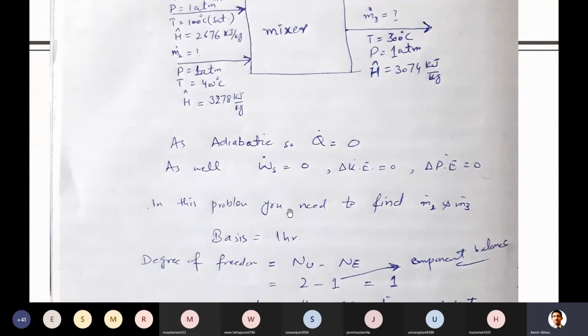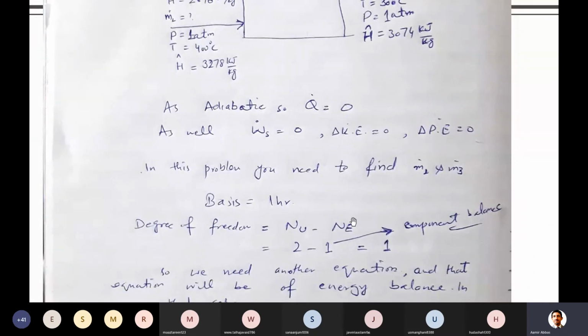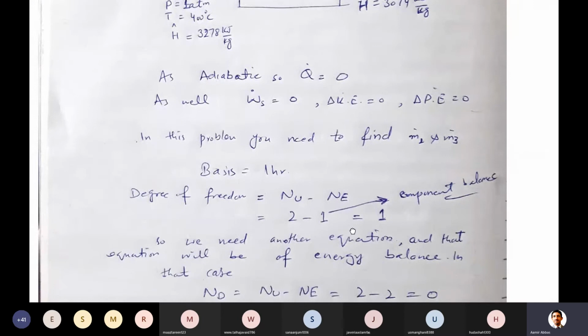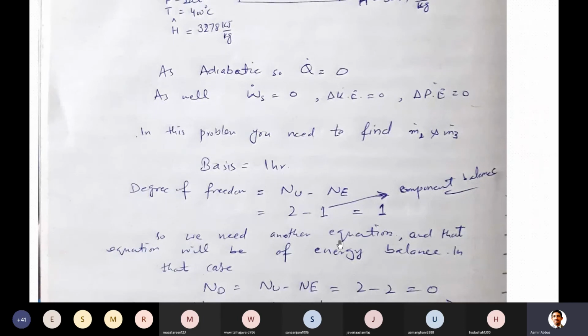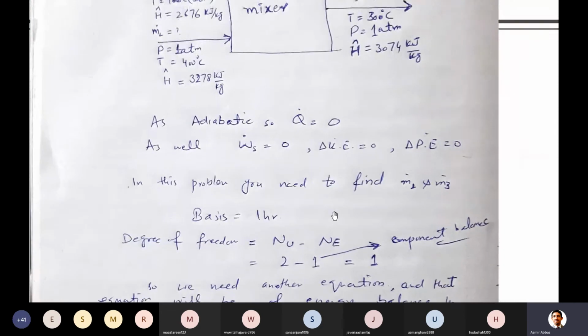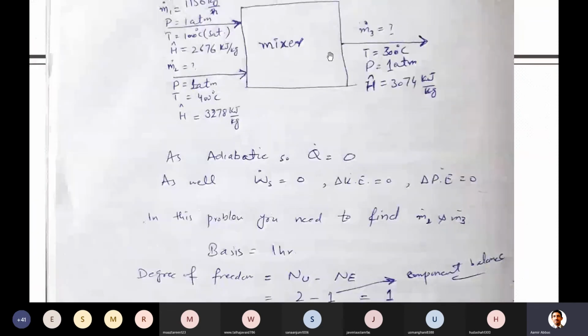Guys, you have a lot of information about energy balance here. Another equation which you can write is the energy balance. Just to give you the idea, otherwise I can directly write 2 minus 2 is equal to 0 and the degree of freedom will become 0. But whenever you have to solve such a problem, first look at the equations you can write for the material balance.